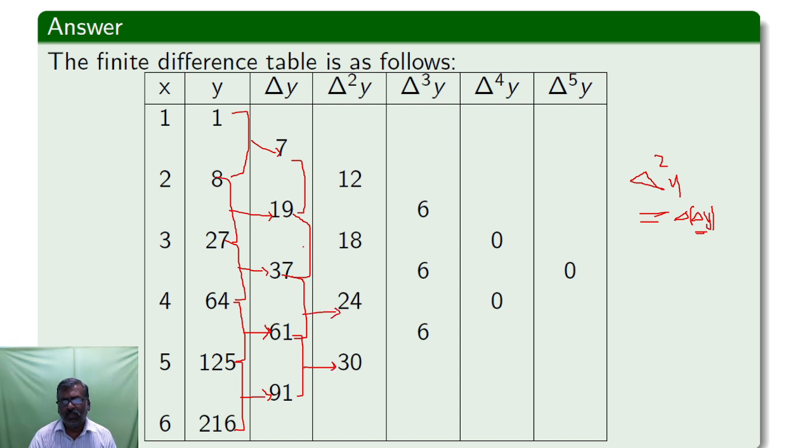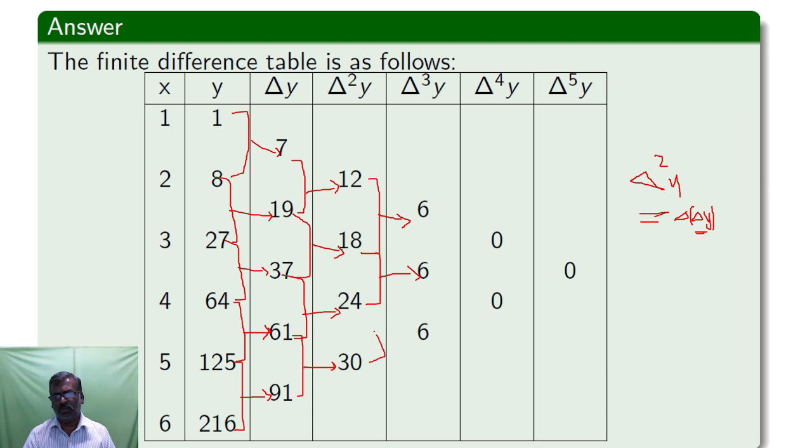Next, delta cube y. Delta cube y is the difference in delta squared y. Use the same method. 18 minus 12 turns to 6. Then 24 minus 18 goes to 6.